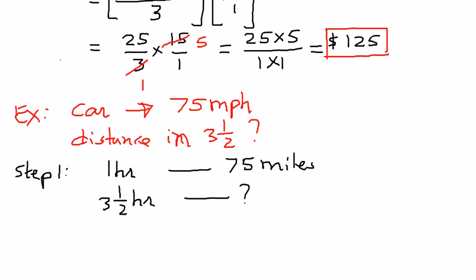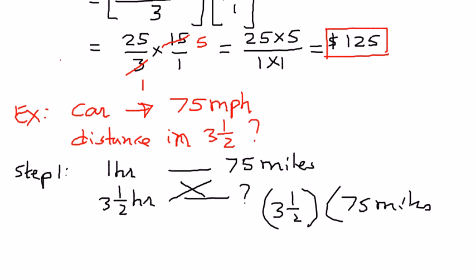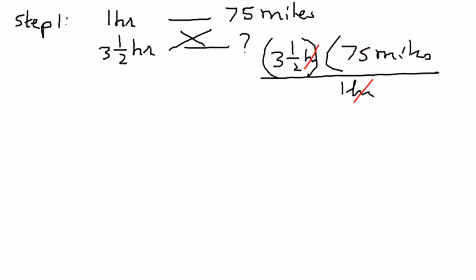So we can cross multiply this as follows. We can write this as 3.5 hours times 75 miles, divided by 1 hour. If we simplify the units, the hours and hours cancel out, leaving us with miles. In 3.5 hours, we're going to find out how many miles we're going to cover.